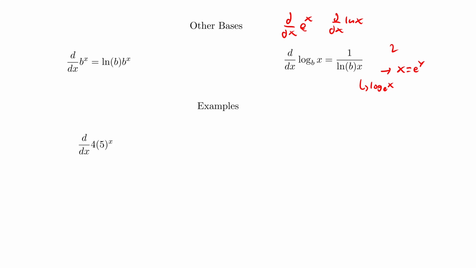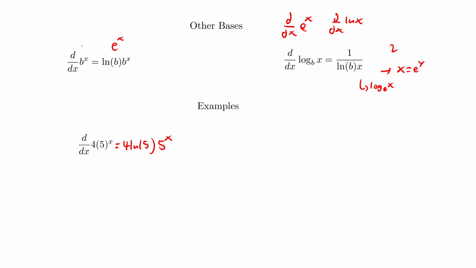And then just to do a couple examples, if I want to take the derivative of 4 times 5 to the x, really all we can do is keep the 4 outside. This will be the natural log of 5, and then 5 to the power of x. So really, it's just the same as with e to the power of x.